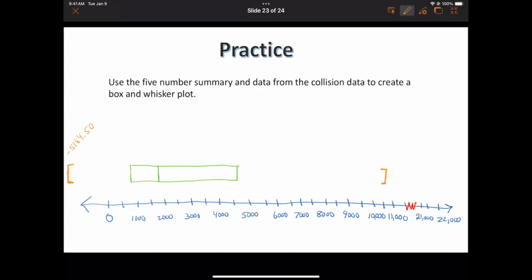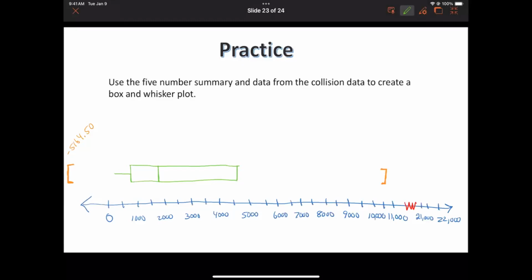All right, let's go with whiskers. My whiskers go to the last data values inside the fences. My lowest data value is 180, and that's inside my fence. So 500's there, say it's about here. It's just a guess, somewhere between 0 and 500. It's really hard to say. My highest data value inside my fence is 10,034, I think, or is that 36?